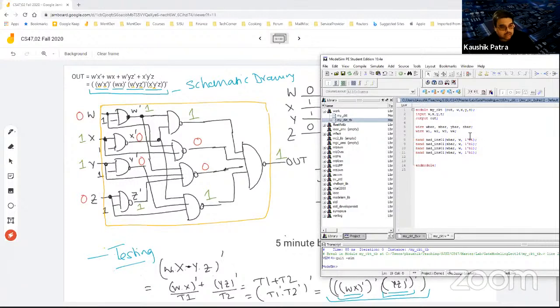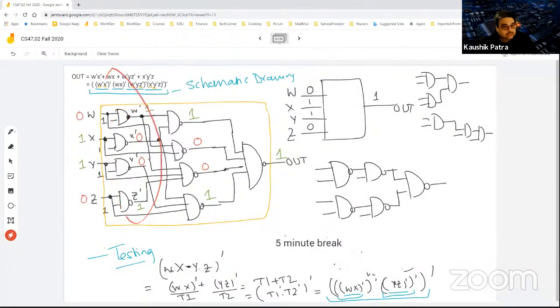This is X bar. Maybe I need to change these. 3, 4, X bar, Y bar, Z bar, this is 4, X, Y, Z. So that took care of these 4 NANDs.